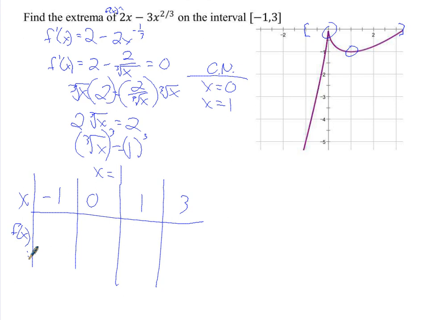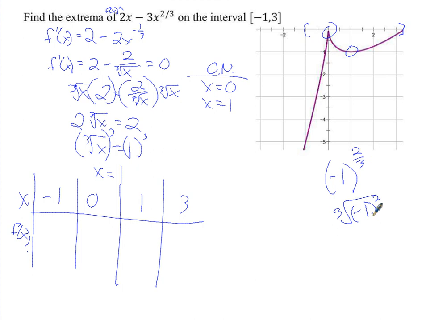So if you're doing this by hand, let me just go off to the side here. -1 to the 2/3 power. Remember that what that means is the cube root of -1 being squared. Remember, you can take out the root part first and then raise it to the power, or you can take out the power first and then take the root.